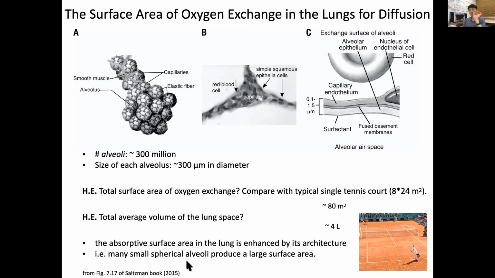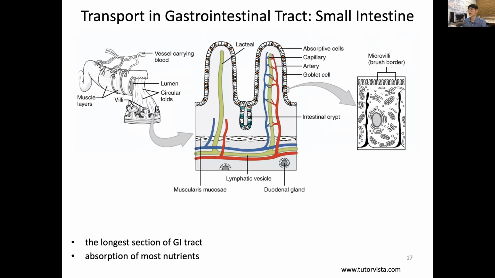So the absorptive surface area in our lungs is enhanced by this very special architecture of many small spherical alveoli producing a huge surface area. You see, this is a great invention: this huge surface area makes an efficient transport of gas molecules. And let's get into the gastrointestinal tract.